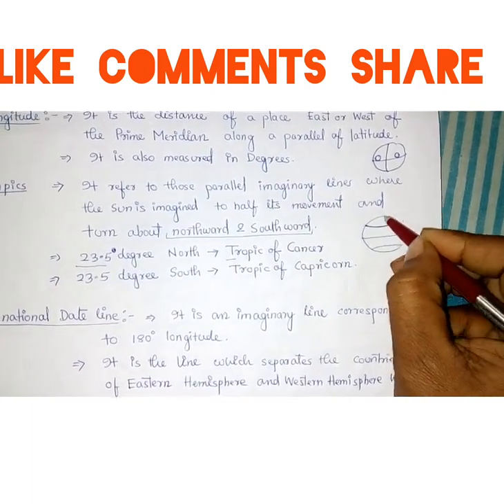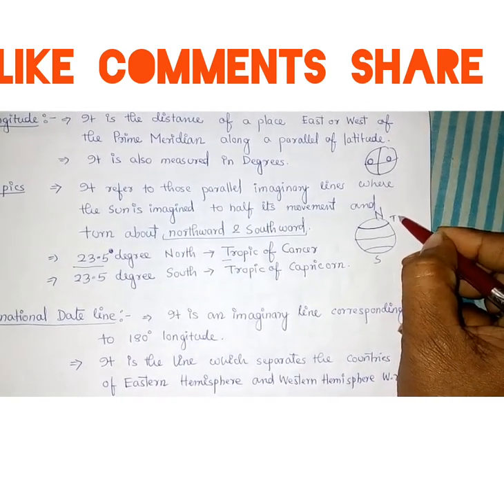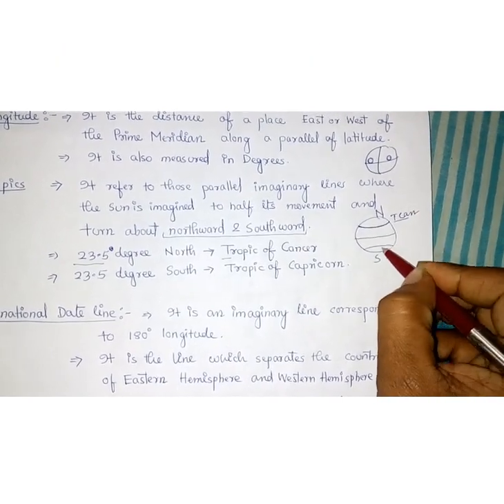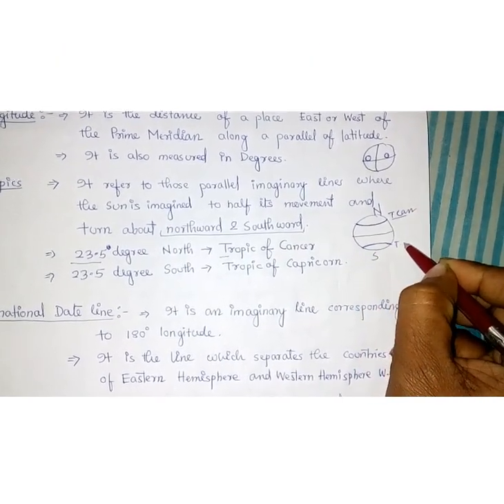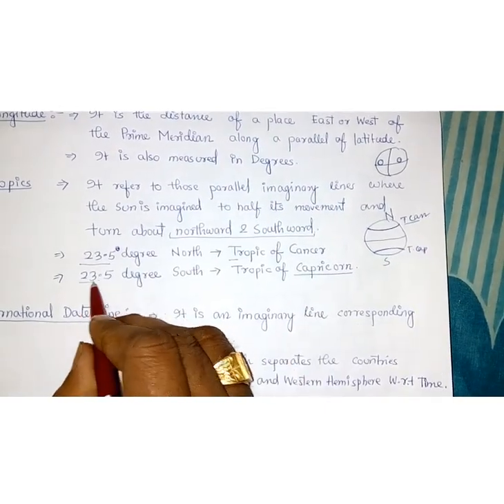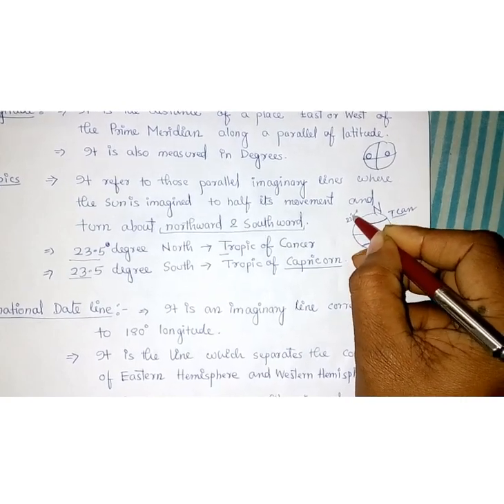On the south side is the Tropic of Capricorn, at 23.5 degrees south.